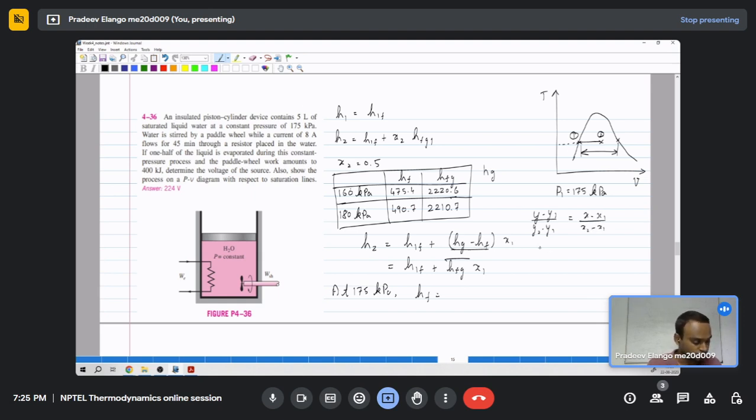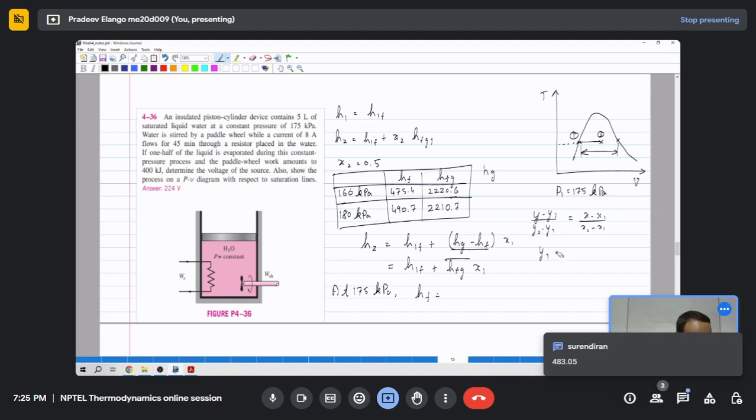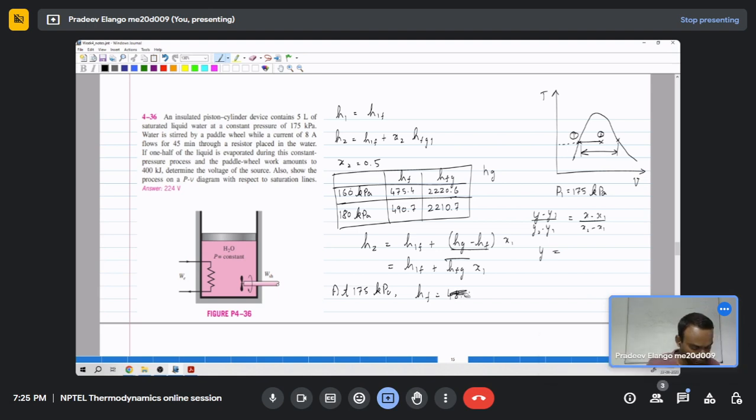From here we have found 483.05. Similarly we need HFG also.